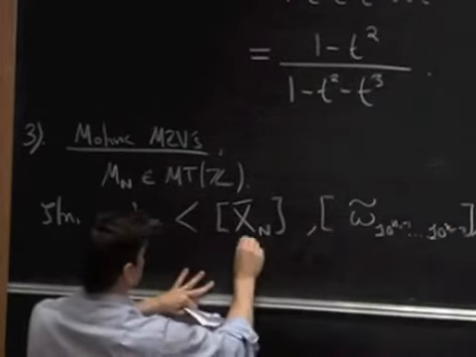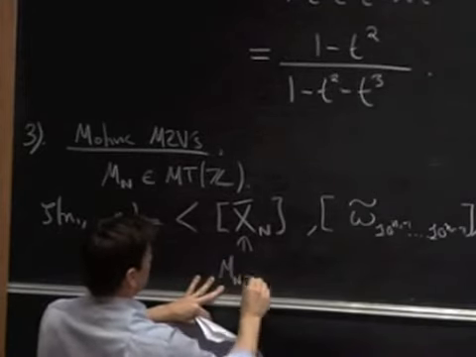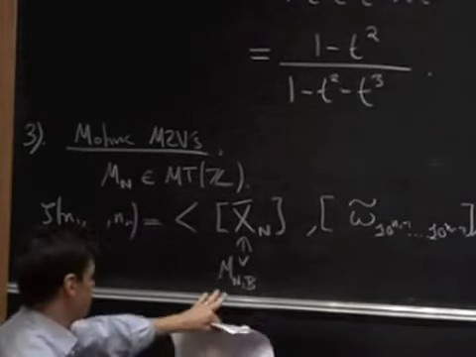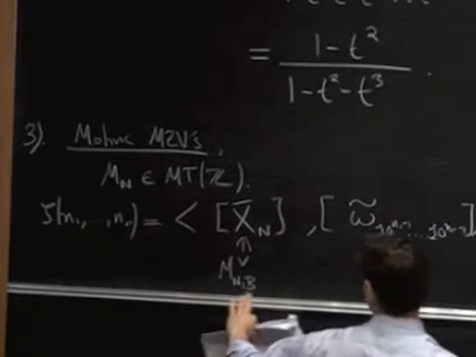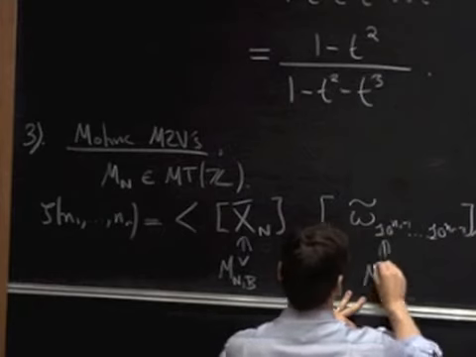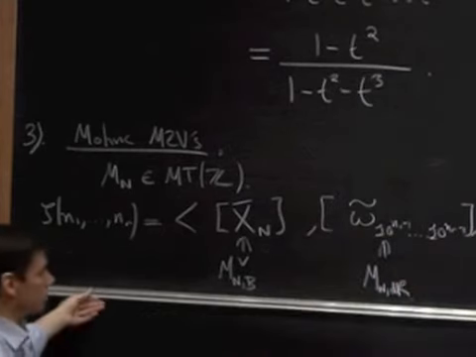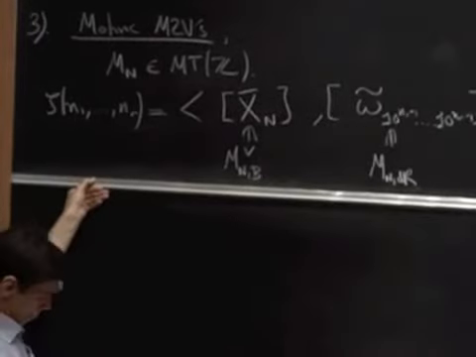So this element is in the Betti vector space dual. It's just a Q vector space which has some filtration. And this is in the de Rham realization, which is again a finite dimensional graded Q vector space.